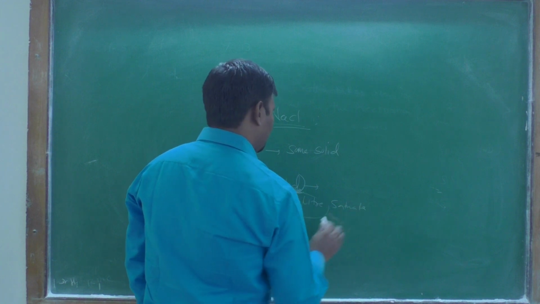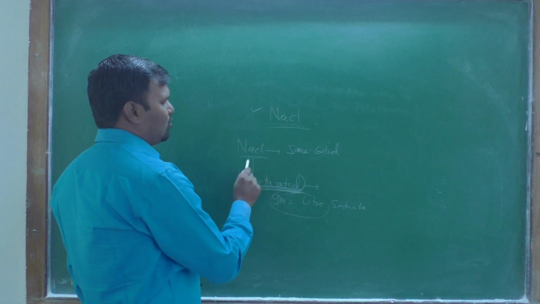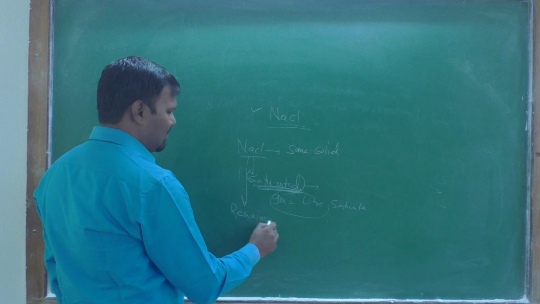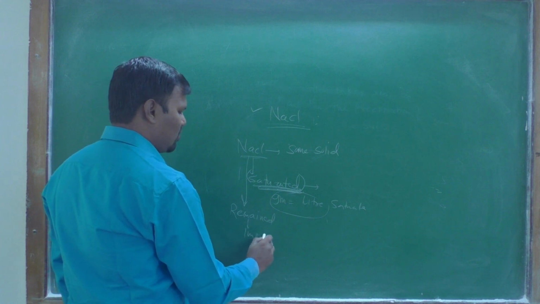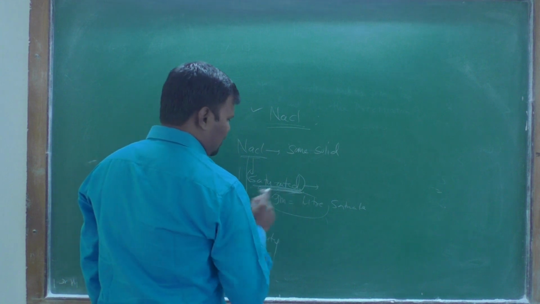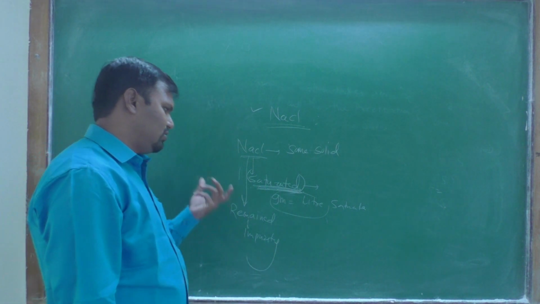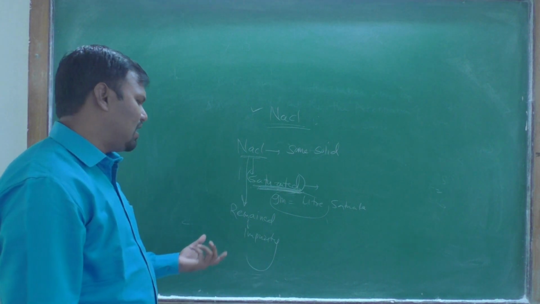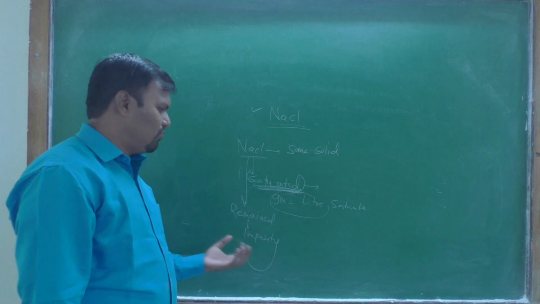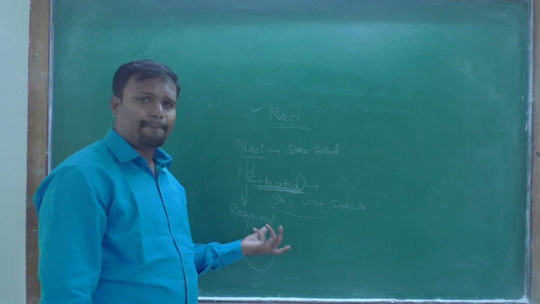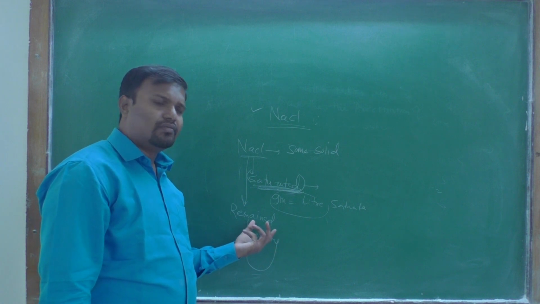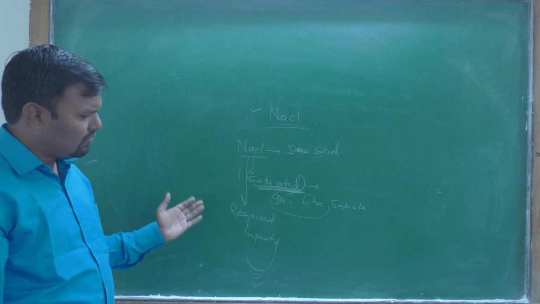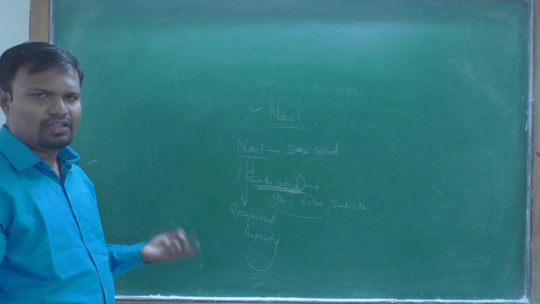After that, the NaCl is totally dissolved, and the remaining part will be the impurity, because we have made the saturated solution. Only the remaining part is the impurity, and then by easy filtration we can remove it and obtain the NaCl.